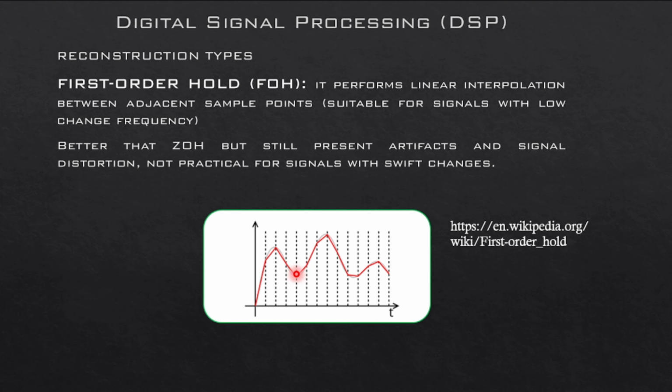Meanwhile, if you have slow changes in the signal, it's almost adequate. It's satisfying to a certain extent, because the changes between different points are not fluctuating drastically, so it gets us good results.